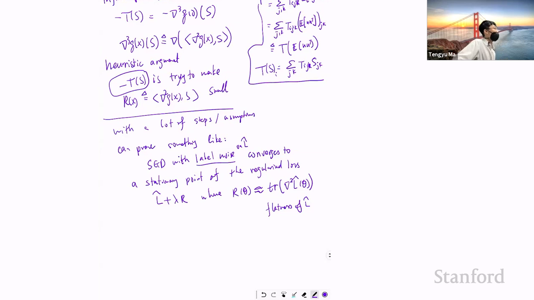Another related question is, SGD prefers this flat stationary point, so what are the special properties of this flat stationary point in terms of generalization? Why is a flat stationary point better?